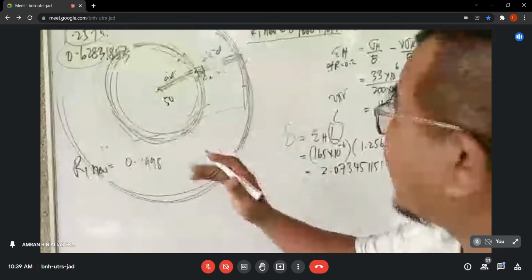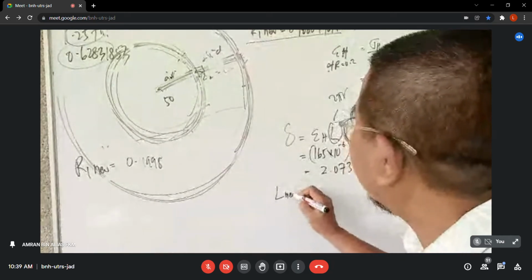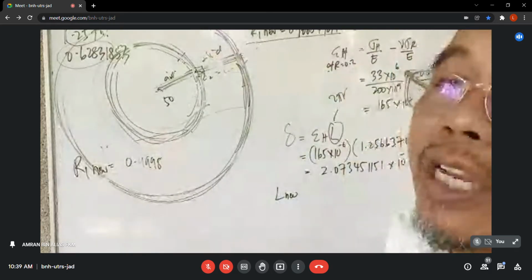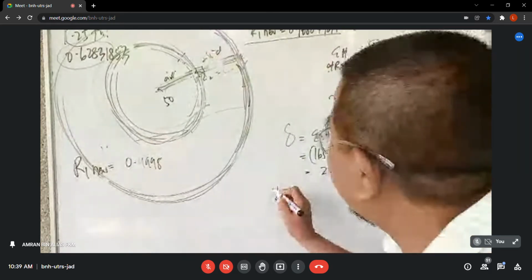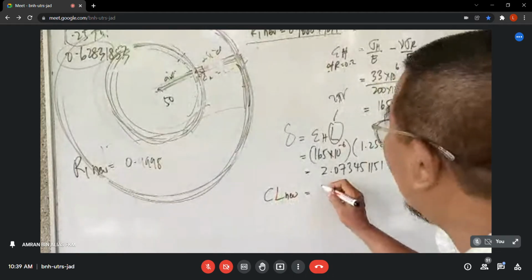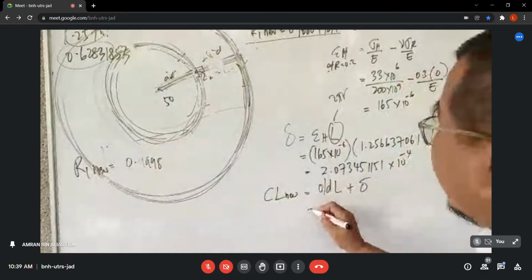What's the new length? L new, this length here, all the way. The circumferential length new. What is that? Old length plus delta, right?